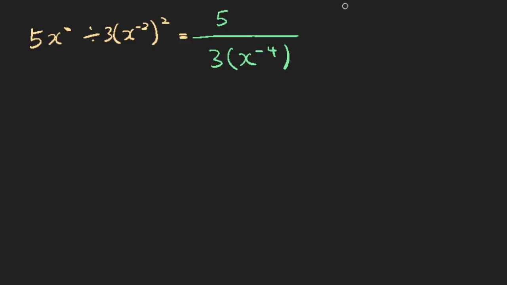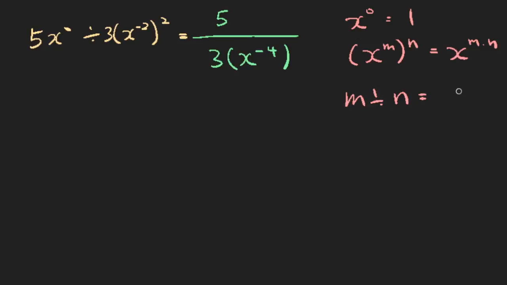So I made use of two rules. I made use of this rule, x to the power of 0 is 1. And I also made use of this rule, x to the power of m, to the power of n is equal to x to the power of m times n. I also made use of this rule, m divided by n is equal to m over n. So these three things in one step.